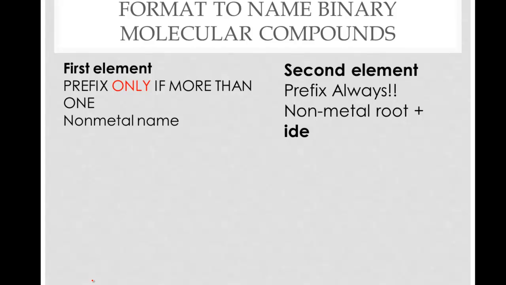So, format to name the compounds. The first element, you will use a prefix only if there is more than one, and you will simply use the nonmetal name. For example, for CO, it would be carbon. There's no subscript on the carbon, so you simply say carbon. The second element, you will always use a prefix, and you will use the root with IDE.